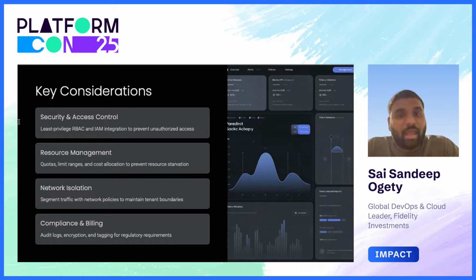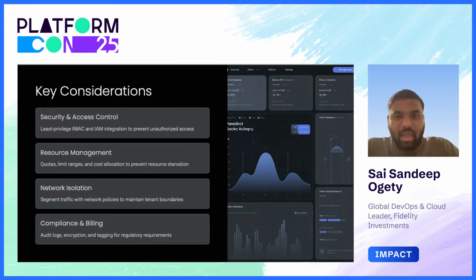The other one is network isolation, which is also critical: use network policies to segment traffic both inside the cluster and to external systems. And the last is compliance and billing: enabling audit logs, encryption, and tagging for cost showback are regularly needed.